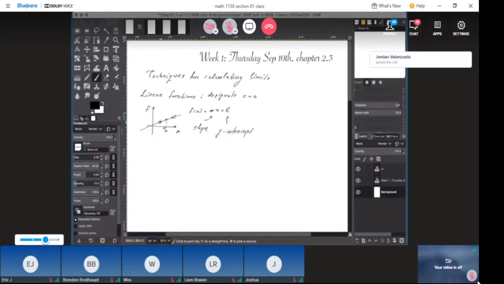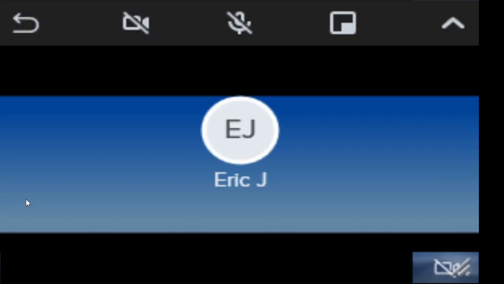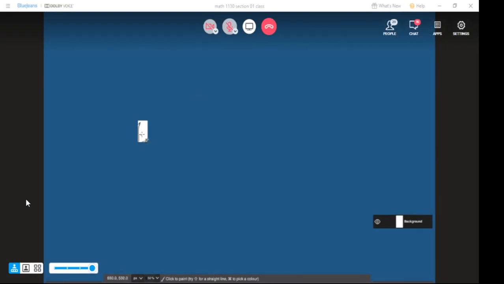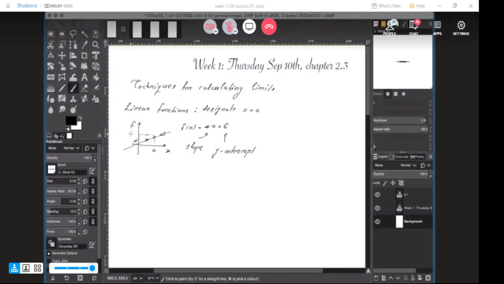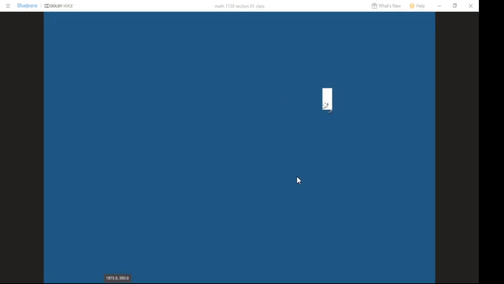Because it's linear, the progress is obvious. The closer we get to the point A, the closer we get to the value f of A. So f of A is going to just be m times A plus b.